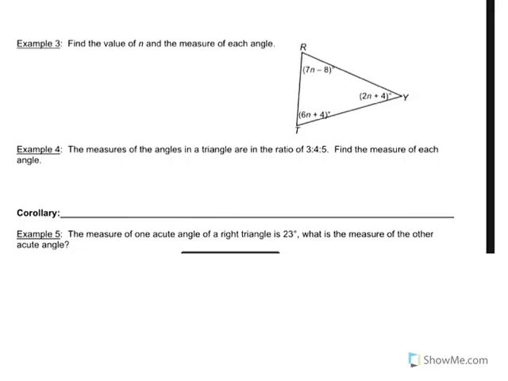On example 4, it says the measures of the angles in a triangle are in the ratio of 3 to 4 to 5. Find the measure of each angle. Okay, so I'm just going to draw a triangle. If it has a ratio of 3 to 4 to 5, what we don't really know is the exact amount of the measurements, but we know they have a constant ratio.